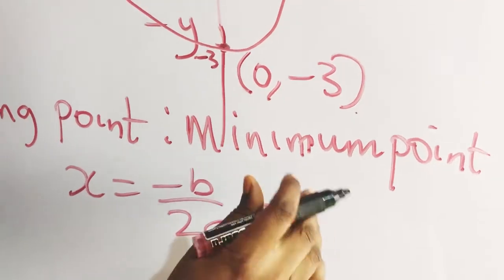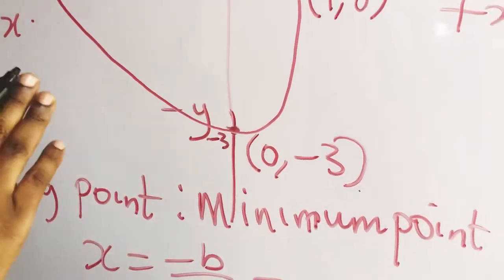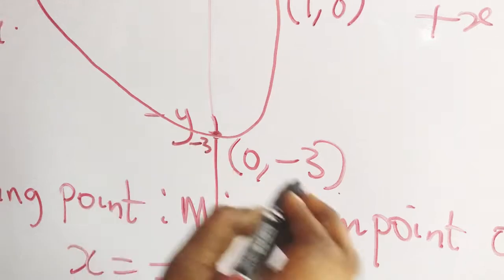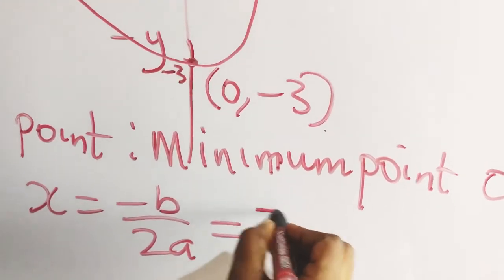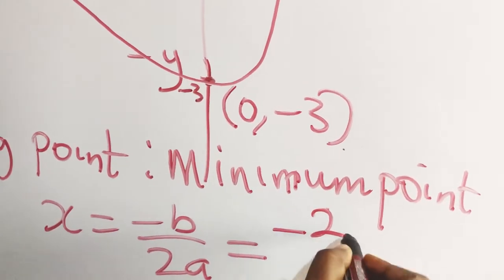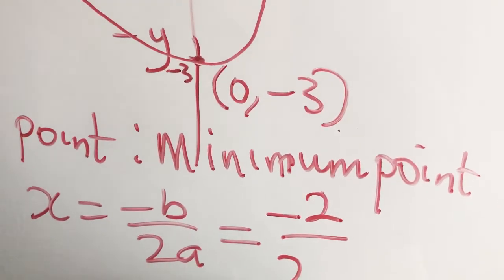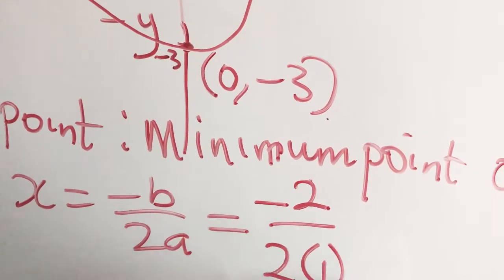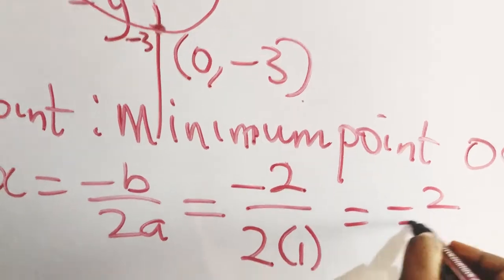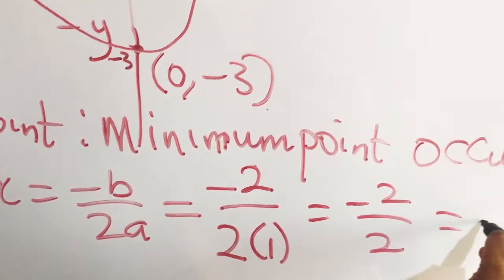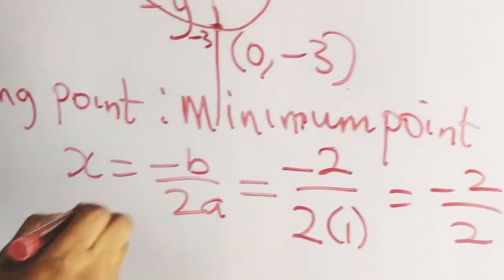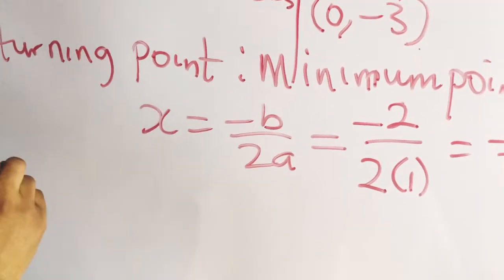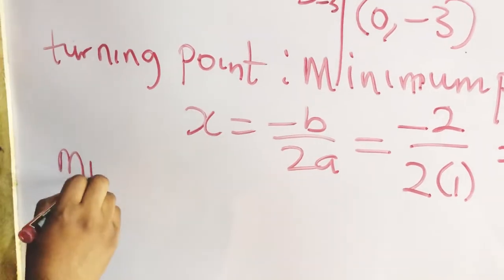From this polynomial, b is equal to 2. So minus 2 over 2 multiplied by a, which is 1, so it's equal to minus 2 over 2, which is equal to minus 1. So x is minus 1.